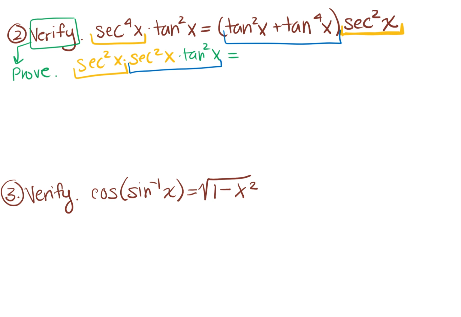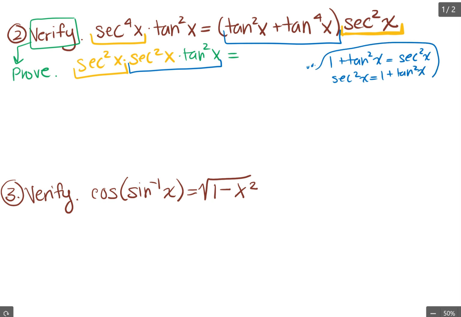So my identity that I'm going to be using here, I know that 1 plus tangent squared of x is equal to secant squared of x. So that means that secant squared of x is 1 plus tangent squared of x. I guess I just wanted my secant squared on the left-hand side. Okay.